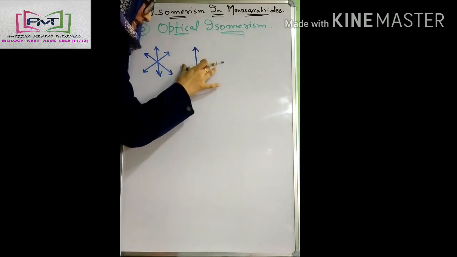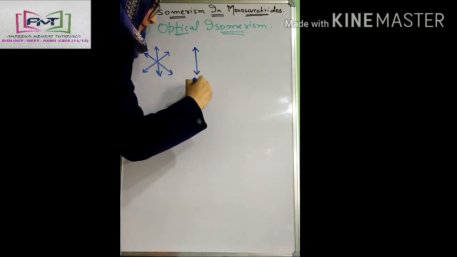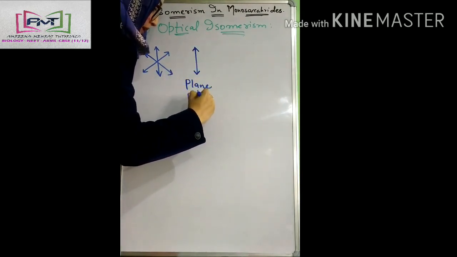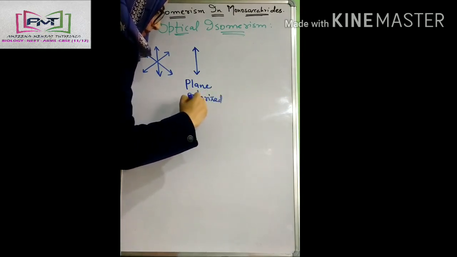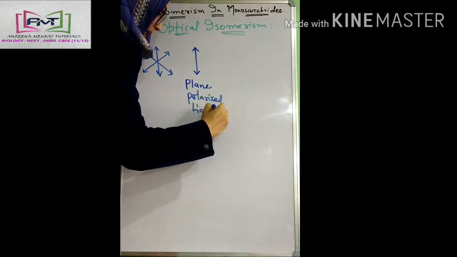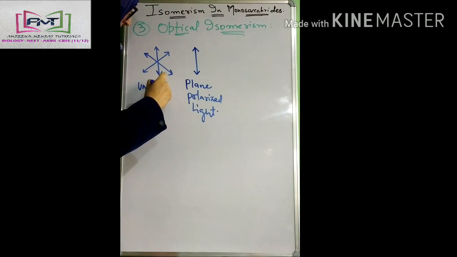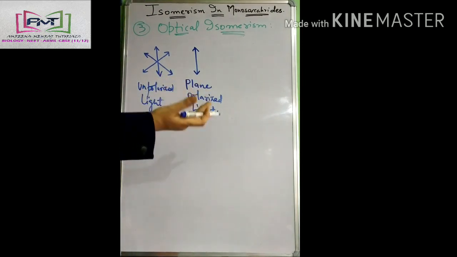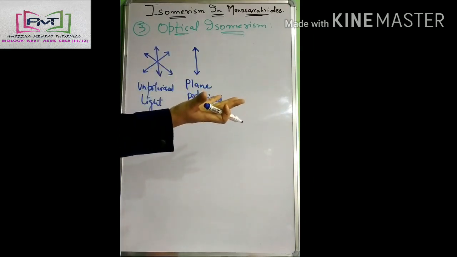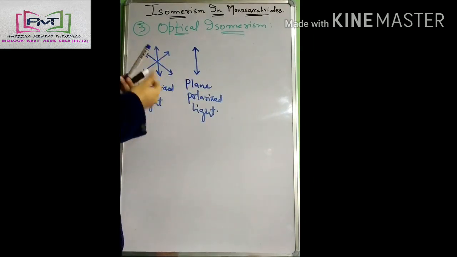You will call this light plane polarized light. What do you call it? Plane polarized light. And this other form of light is called unpolarized light. So if you generate light from some bulb, it will be unpolarized initially. Then what are you supposed to do?